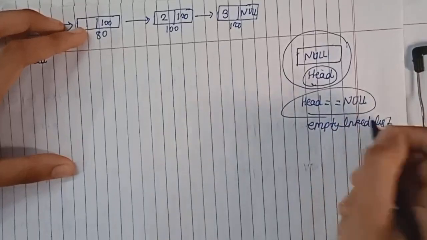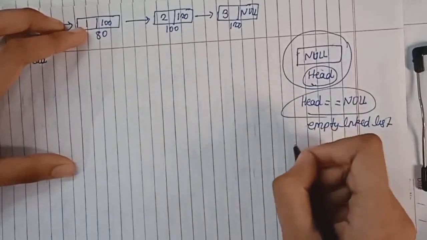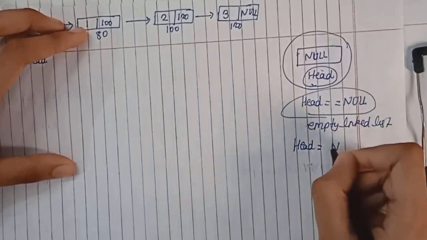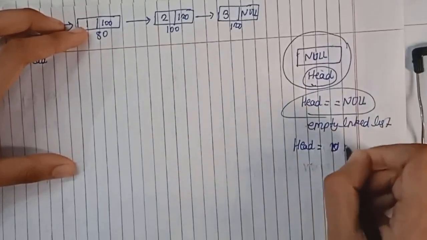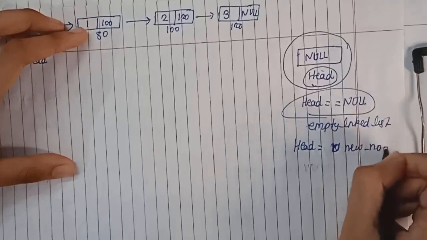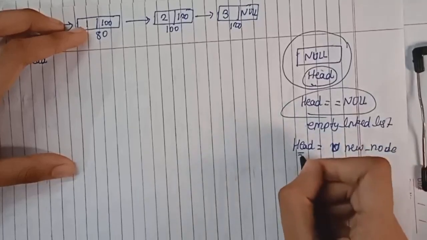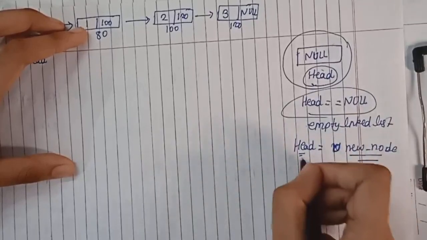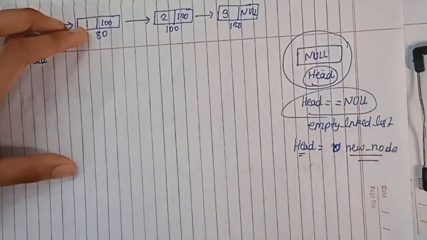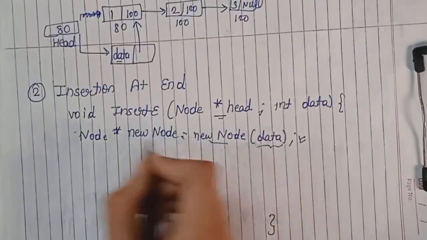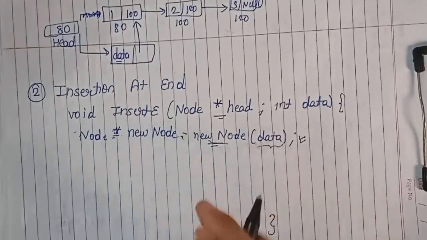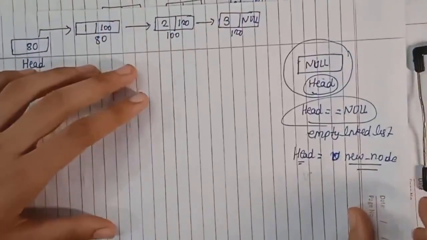So if here I want to add the element, I can just do head is equal to the new node. So here I am assigning the head the address of the new node that I have just created, because I know that this new node was the pointer, so it was storing the address of the new node.